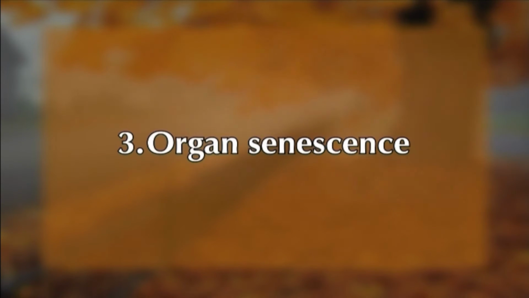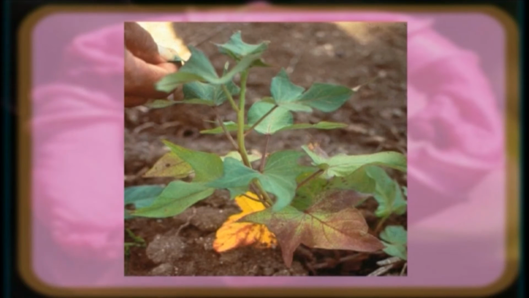Number 3, organ senescence. Even a single organ may follow diverse patterns of senescence, which is exemplified by leaves. Leaf senescence may be progressive. The older leaves senesce more or less at a time. Floral senescence may also be synchronous on a seasonal basis.